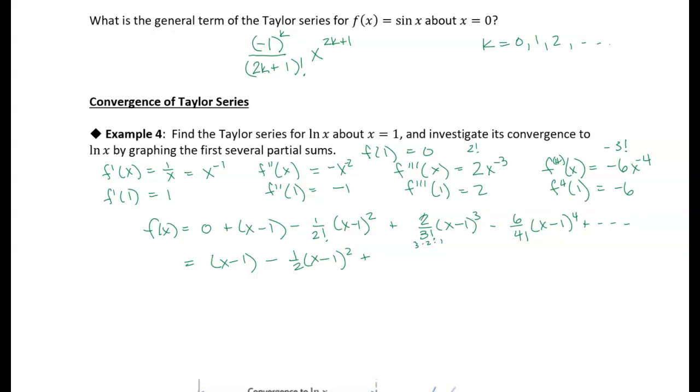So this is just going to be 1/3 x minus 1 cubed. And this is 4 times 3 times 2 times 1. So you can see we have these factorials in the numerator just lagging behind the factorials in the denominator, right? So here we're going to end up with 1/4 x minus 1 to the 4th, and so on.